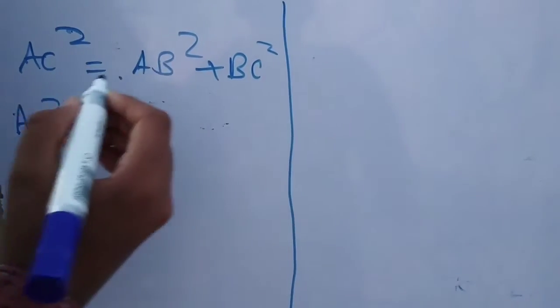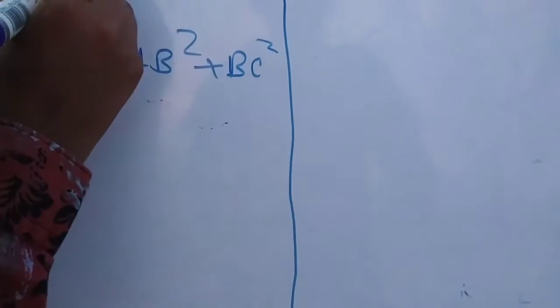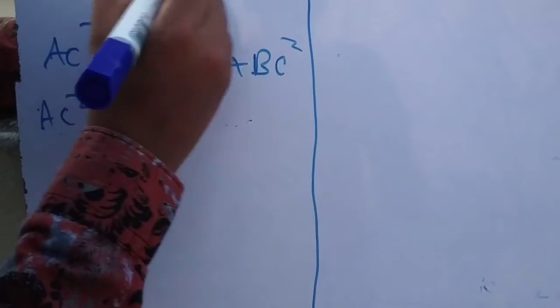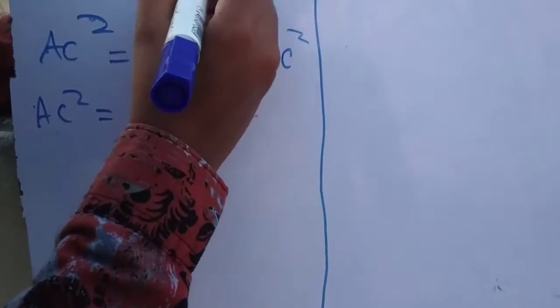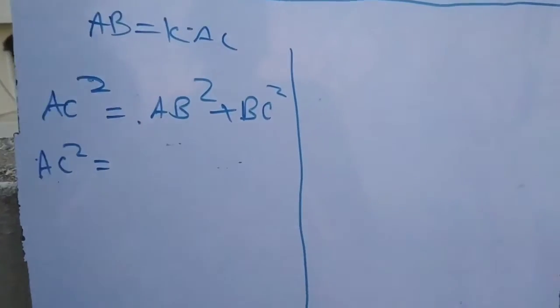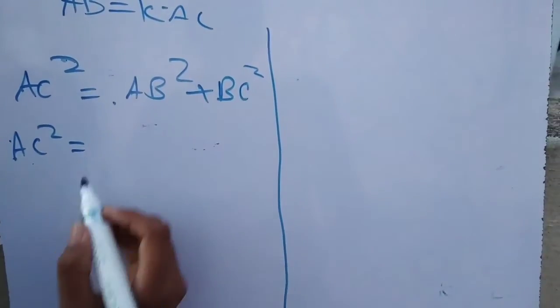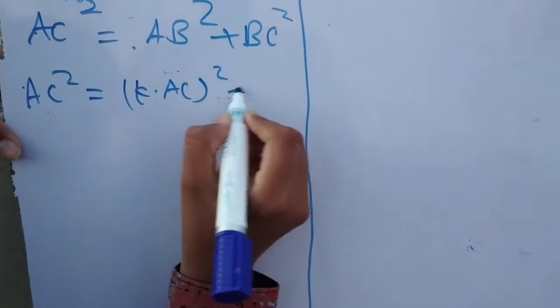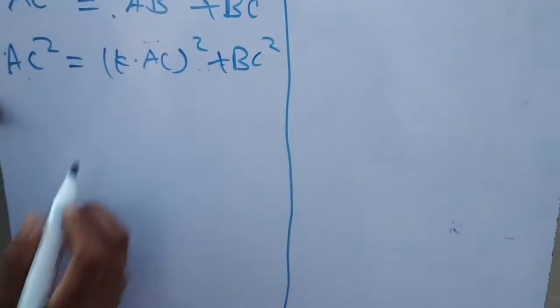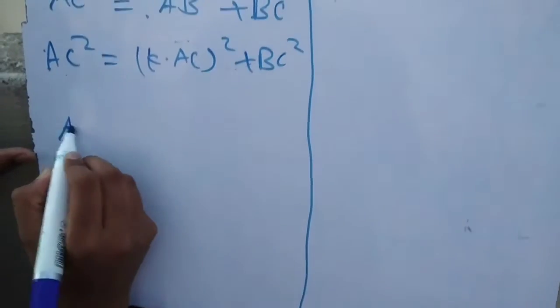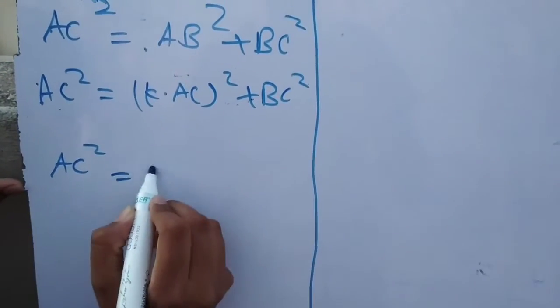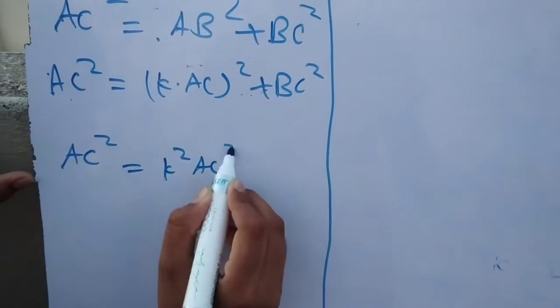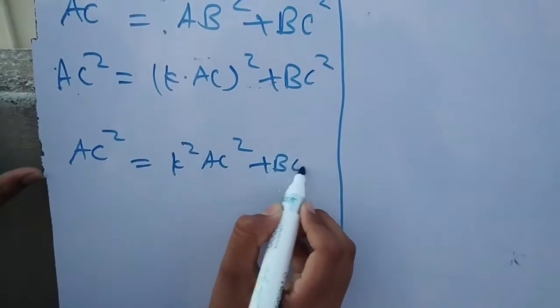We have discussed that AB is equal to K times AC. We have got this conclusion. So AB whole square is K times AC whole square plus BC square. So AC square is equal to K square AC square plus BC square.